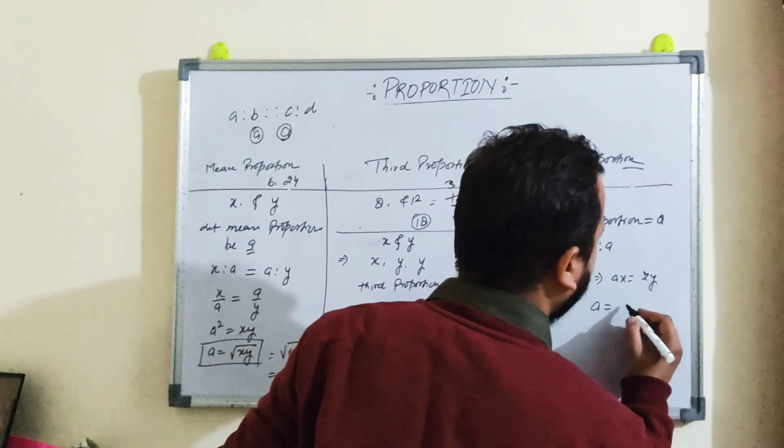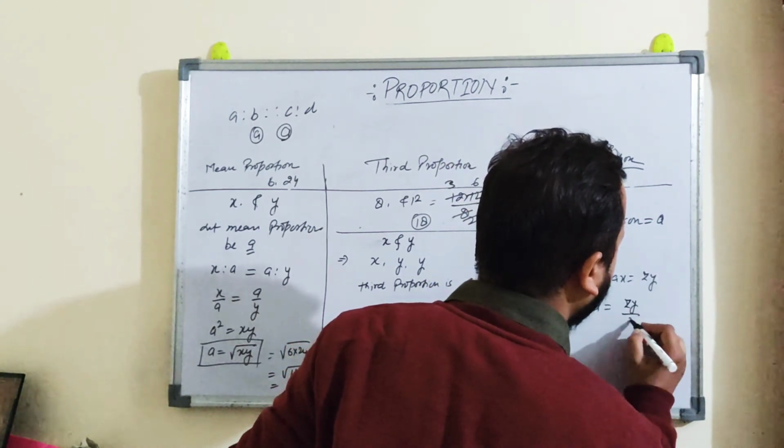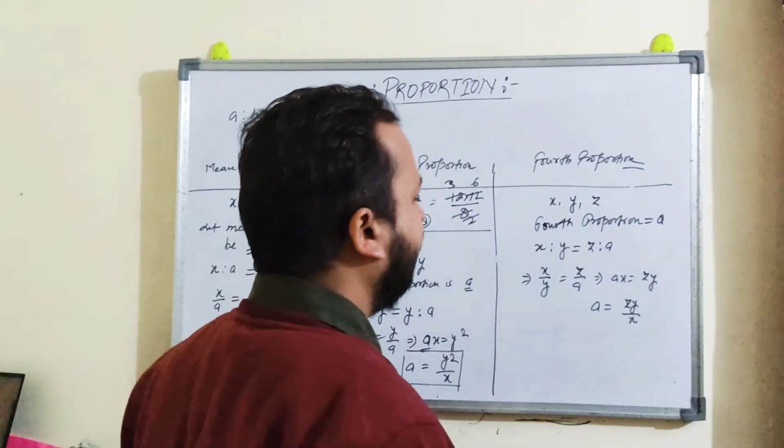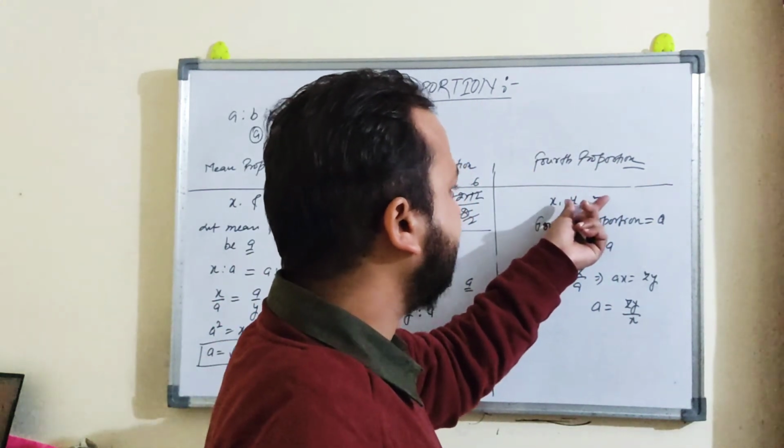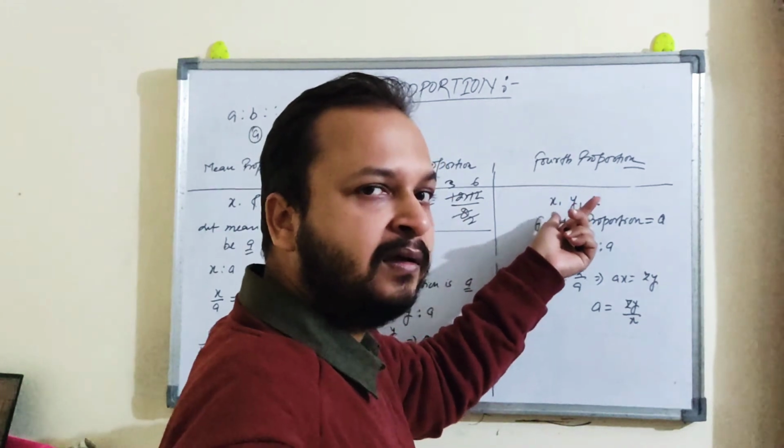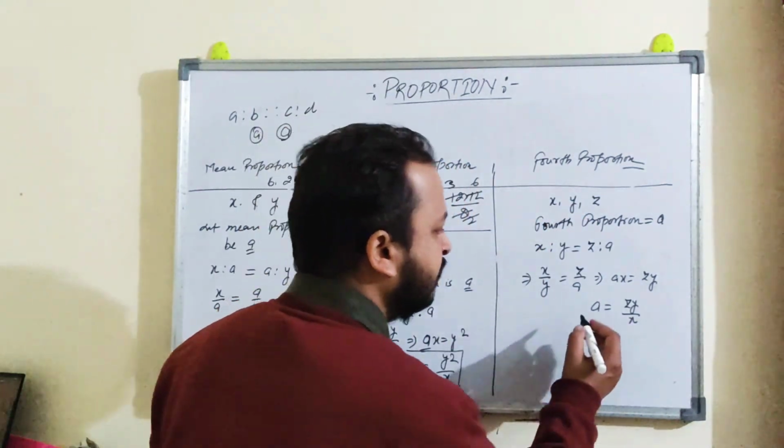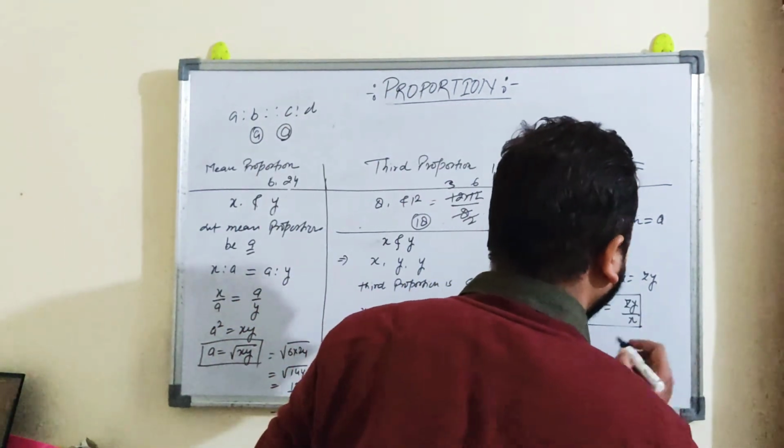So A is equal to zy by x. Right? So these two means you have to multiply and divide by x.